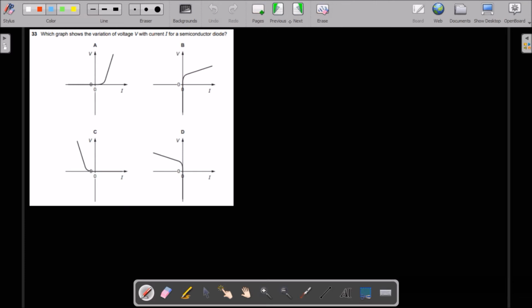Question 33. Which graph shows the variation of voltage with current for a semiconductor diode? We know, as we studied in the syllabus, that the I over V graph for a semiconductor diode is like that.